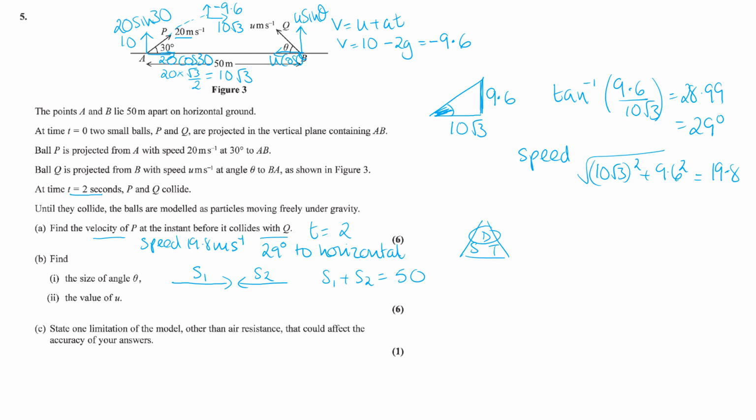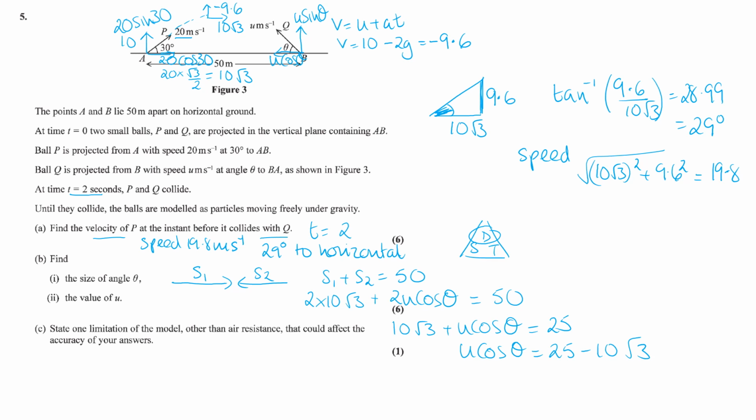So this is going to be 2 seconds times 10 root 3 plus 2 seconds times U cos theta is equal to 50. Divide throughout by 2. 10 root 3 plus U cos theta is 25. So U cos theta is 25 minus 10 root 3. So that is one equation in the two unknowns, and that was what we did horizontally.